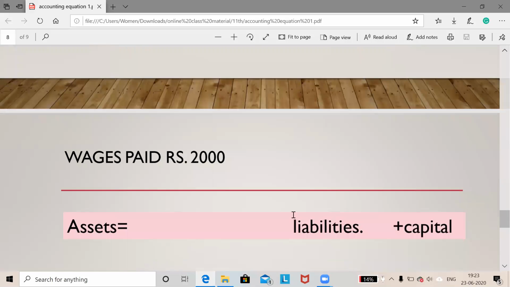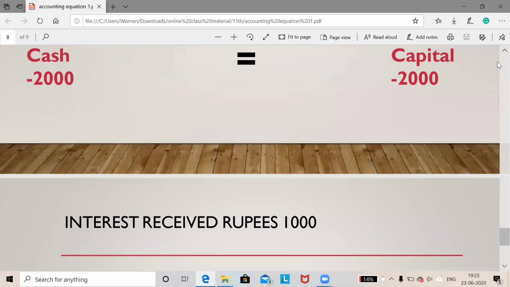See the next transaction: wages paid. The two accounts are related, wages and cash. You know that wages is an expense.